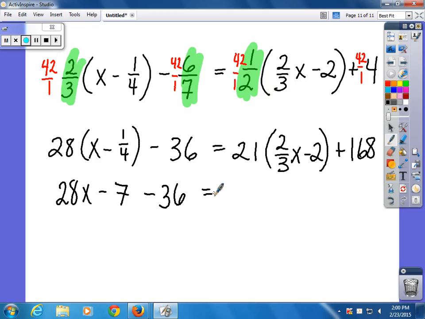And 7 times 2 is, and 21 times negative 2 is plus 168.